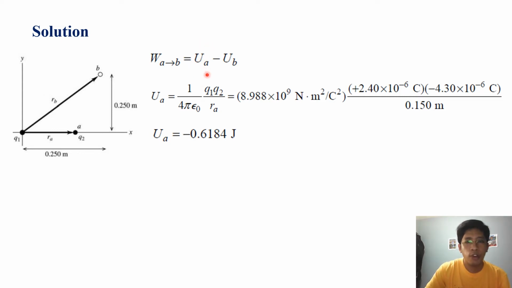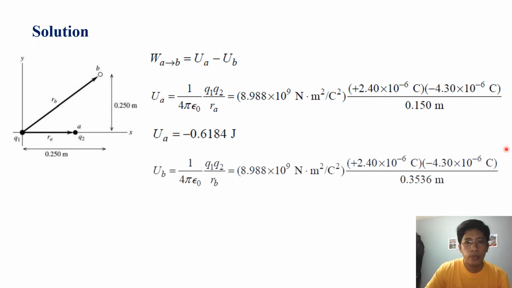Now let's find your UB. Your UB is just 1 over 4 pi epsilon naught times Q1 Q2 over RB. This time you have your RB. So 1 over 4 pi epsilon naught is again just this constant here. This is your Q1, and then your Q2, divided by 0.3536 meters, this distance here from Q1 to point B. Your UB is equal to negative 0.2623 joules.